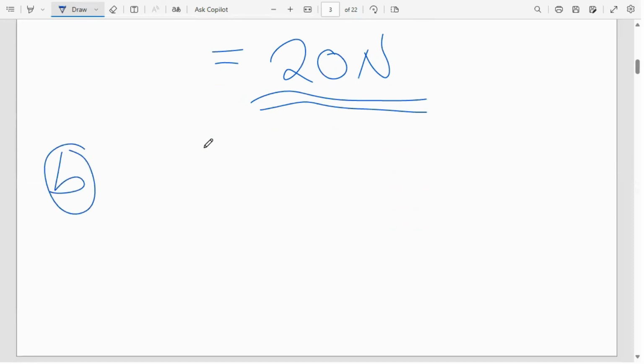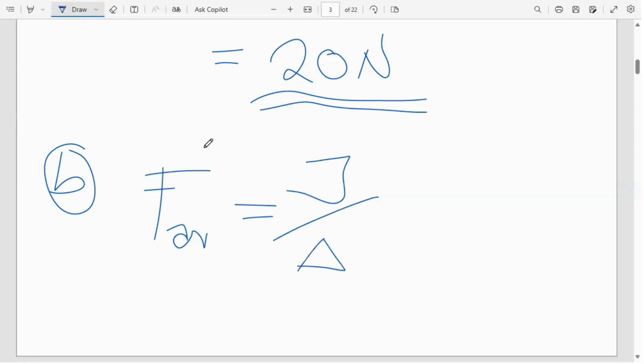What about question B? On question B, we're supposed to find the average horizontal force. So what is the formula for calculating our average force? I'm going to say F average, with the av there, is equal to impulse, which here I'll represent with a J, over the change in time.